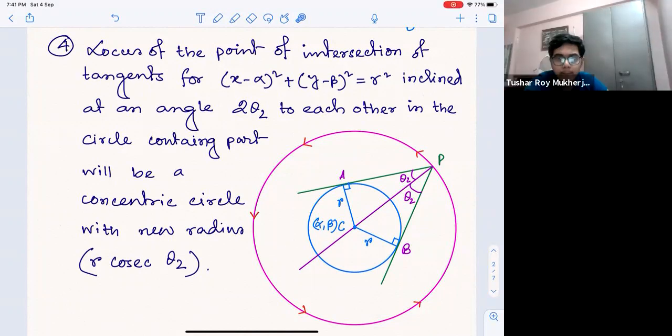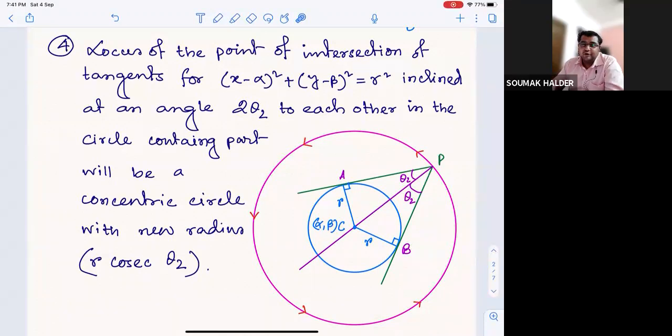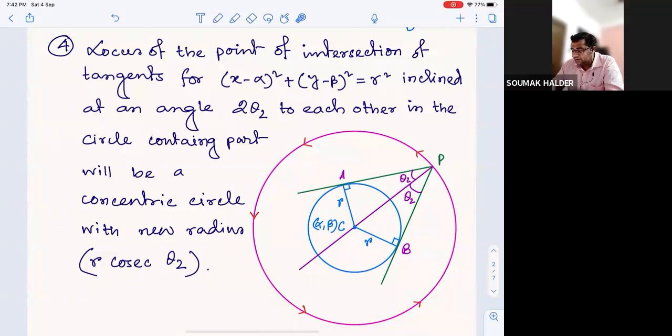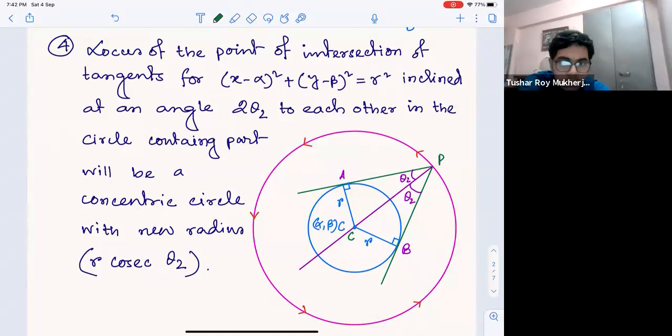Yes. What we have gone through: firstly we drew the angle bisector for the pair of tangents, and hence the total angle 2 theta 2 has been split into 2 halves of theta 2. And theta 2 is a given constant angle. If theta 2 is fixed and this radius value is fixed, let us mark the center as C. So CA by CP is sine theta 2, a fixed value, out of which CA is the constant r.